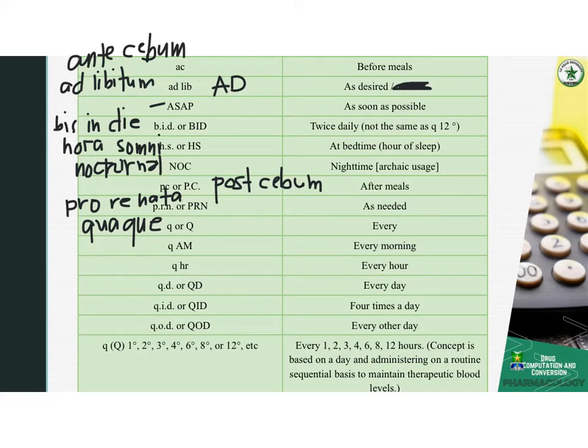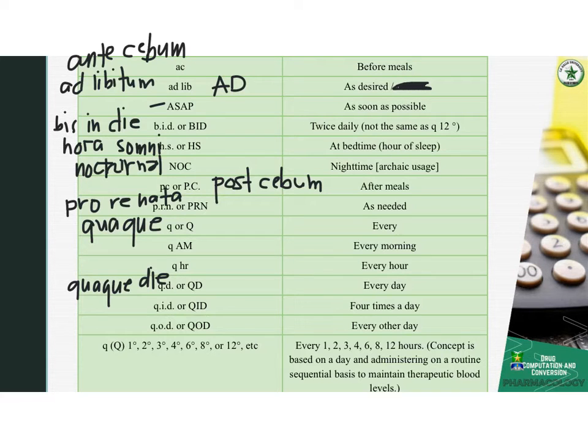Your QH is every hour. Your QD is every day, which means kwake dai. It means once a day.